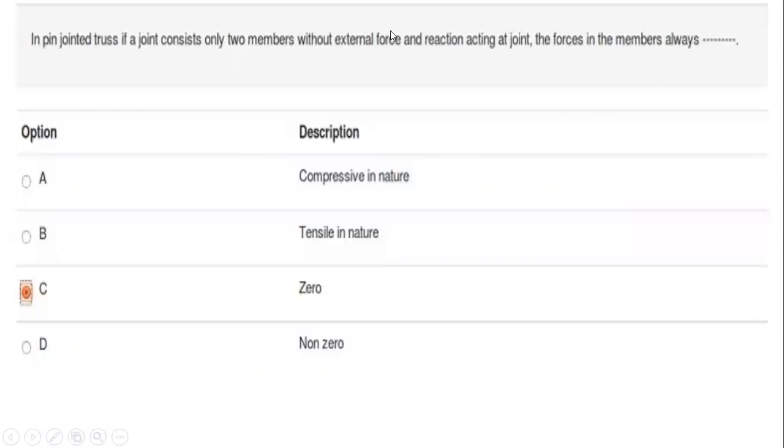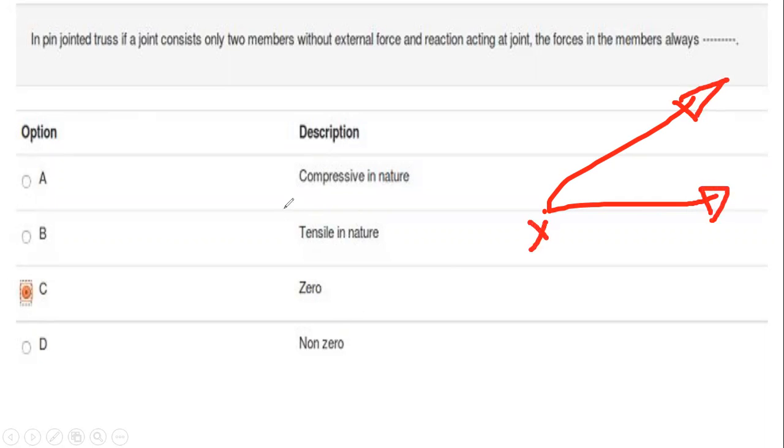Next, in a pin jointed truss, if a joint consists of only two members without any external load and reaction acting at the joint, that means if two members are connected and no external load is acting on that joint, then the member force will be 0.